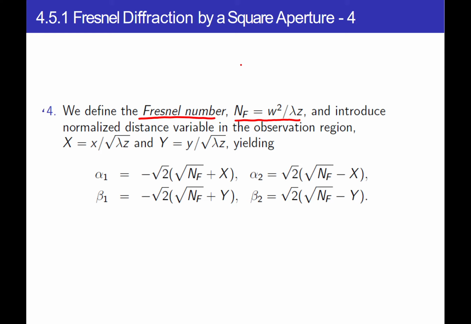So if z is very large, then NF becomes very small. Depending upon z, you get different NF. If NF is very small, that means you have a very long distance from the aperture plane. And then in terms of NF, alpha 1 and alpha 2, beta 1 and beta 2 are given by this one.